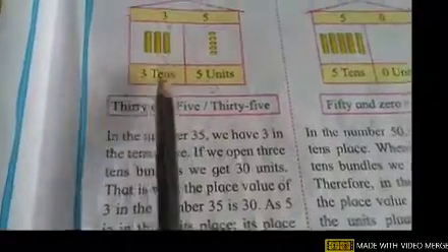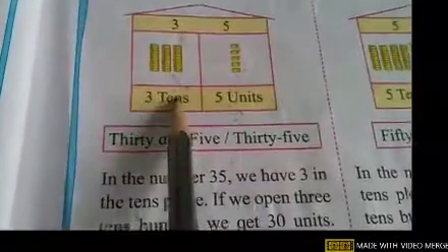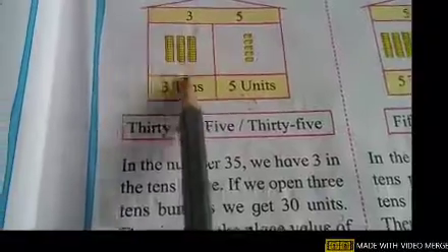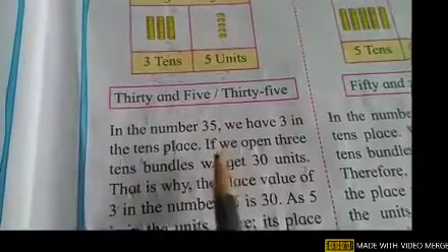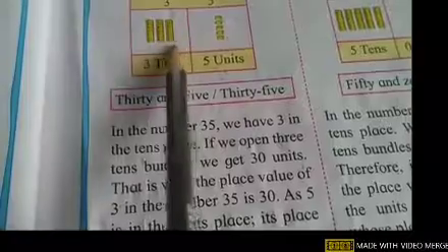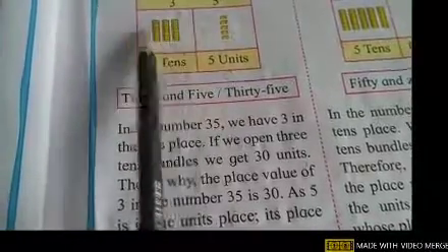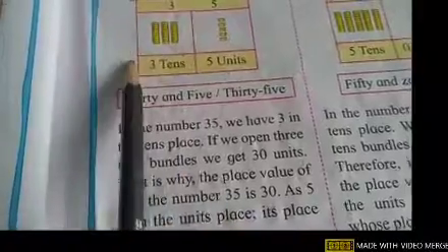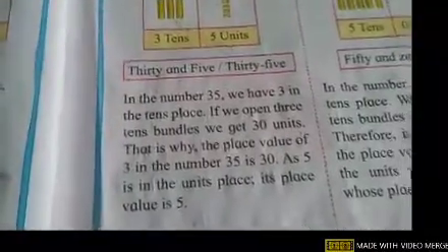And here 3 is coming in tens column. So 3 tens means 1 time 10, 2 times 10, 3 times 10. 3 times 10 means 30. So the place value of 3 is 30 because if we break this column of blocks, we will get loose 30 blocks. Children, did you get this?